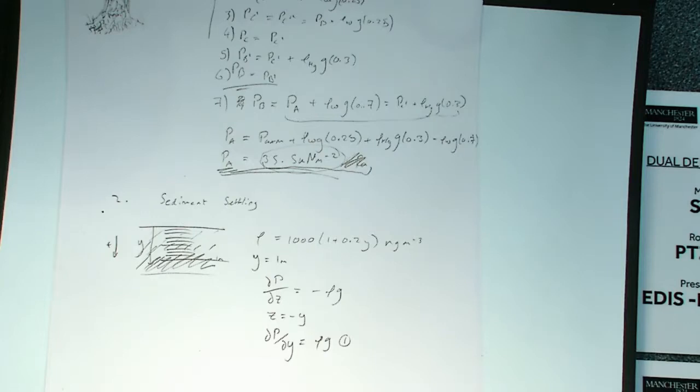Yes? I don't understand why it comes out negative if y is positive. Well, think about if this y is going in here, there's a negative here. That negative comes with it, so that will go there. But I thought you said that y goes down and y is positive.